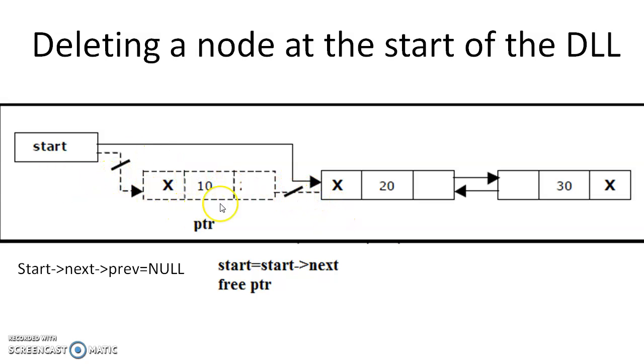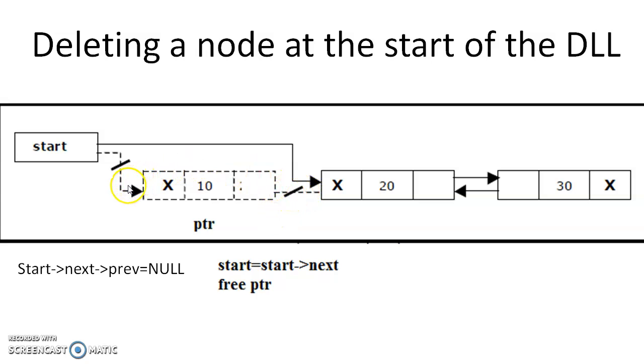So to remove that particular thing, what we are doing is the start of next of previous. Start of next is this particular node. The previous of the particular node is once again this particular thing. That is, this is the link that I want to remove. This is the start, and this is start of next. Start of next of previous is this particular link. I am removing that and placing it as null. That is, I have removed this particular link.